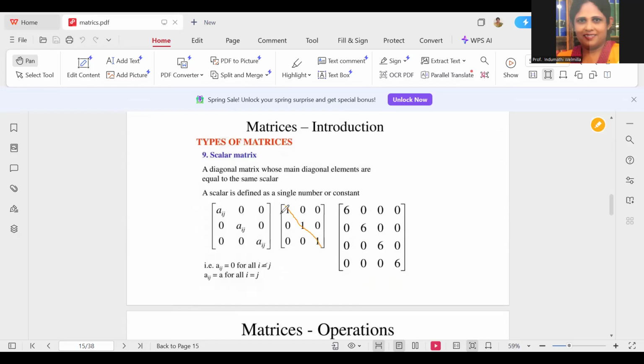In this case, 1, 1, 1. Here, 6, 6, 6, 6. So this is the scalar matrix. It is a special case of the diagonal matrix, where all the elements on the diagonal are the same number.